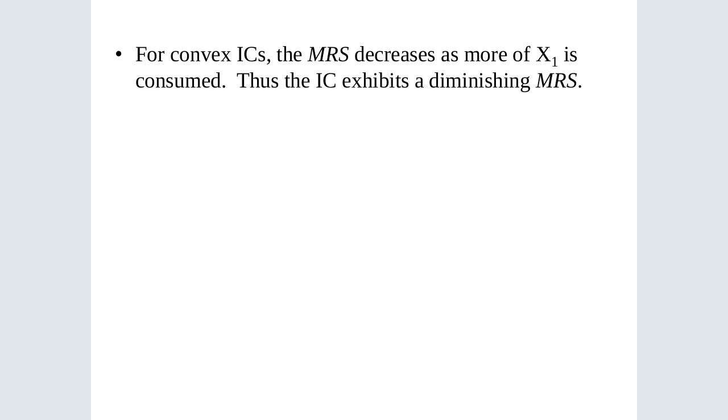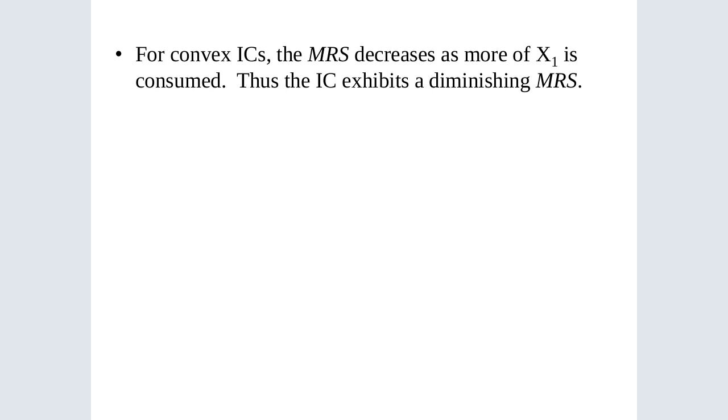So for convex indifference curves, which are for imperfect substitutes, the marginal rate of substitution decreases as more of good one is consumed. Thus, the indifference curve exhibits a diminishing marginal rate of substitution.